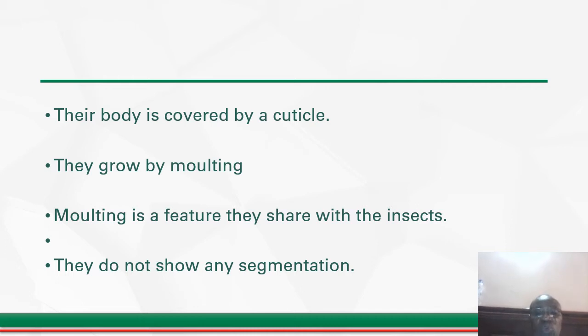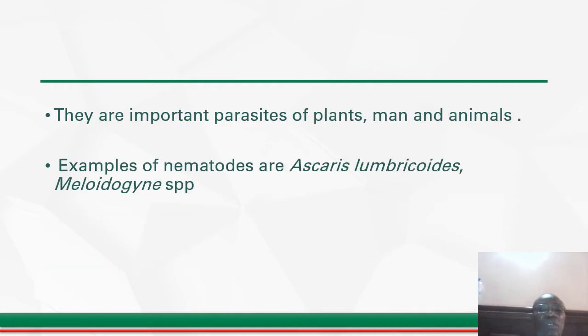They do not show any segmentation; the roundworms do not have segments in their body. They are important parasites of plants as well as man and other animals. A typical example is Ascaris lumbricoides, which is an endoparasite in man. The parasites of plants include Meloidogyne species, which infect plants.